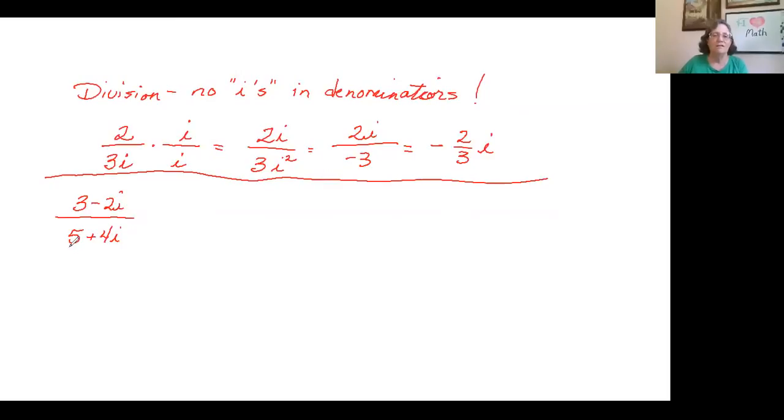So that is not going to get the i out of the denominator if you have more than one term. So the trick is that you have to multiply the denominator times the conjugate of the denominator. Change the sign. Let me show you what happens when we do that.